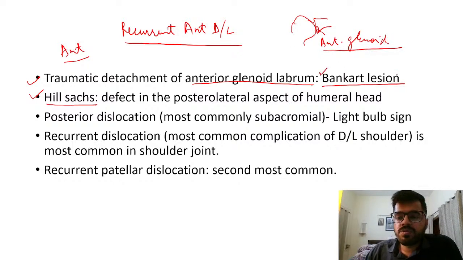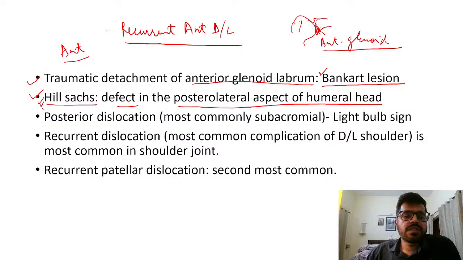It can also be a bony Bankart lesion if some part of the bone is also avulsed from here. And when this dislocation occurs, the posterolateral aspect of the humeral head impinges on the glenoid rim. So there occurs a defect in the posterolateral aspect of humeral head, which is called a Hill-Sachs lesion. So both these can have recurrent anterior dislocation.